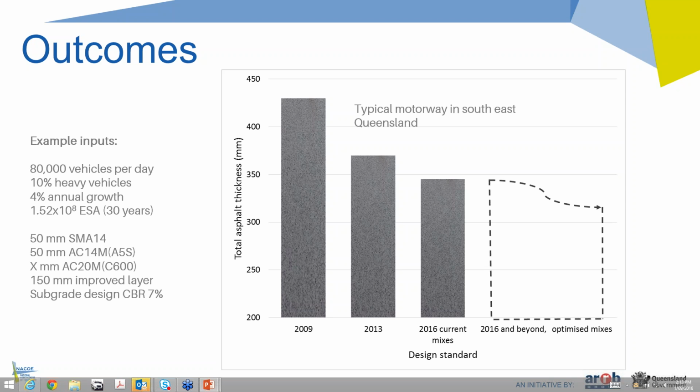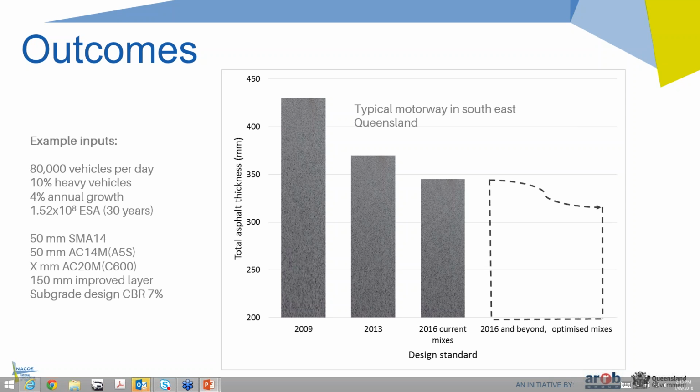Around about 2012 or 2013, there was a lot of focus on asphalt thicknesses and a lot of concern that the asphalt thicknesses we were getting from the design procedures at the time were providing thicknesses that were greater than what they really needed to be for the intended pavement performance that we were expecting.